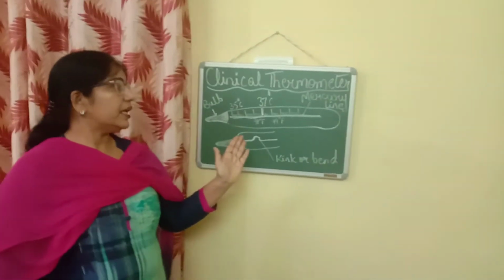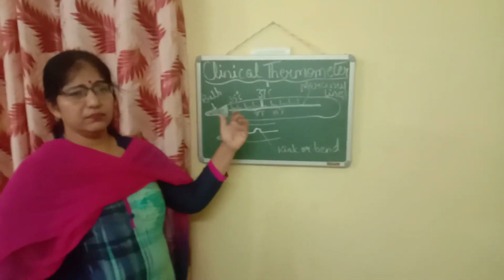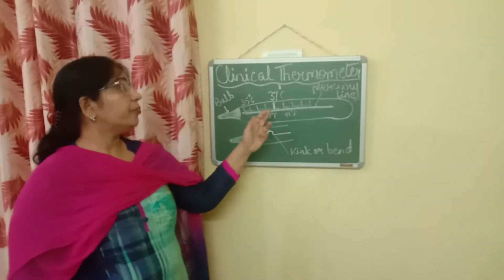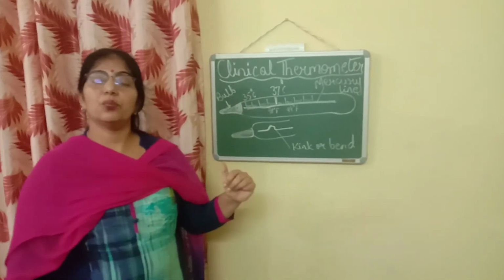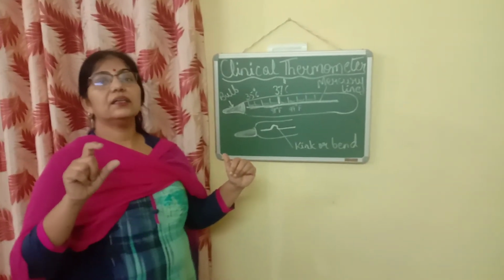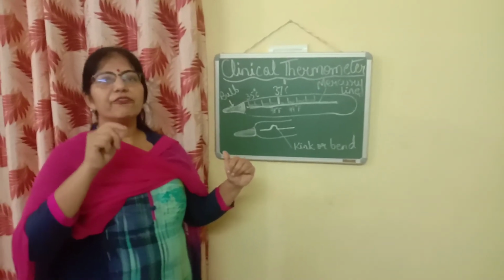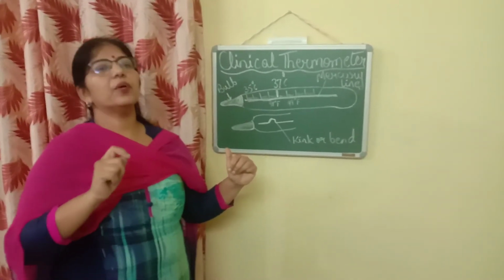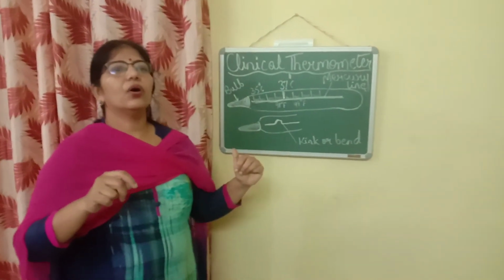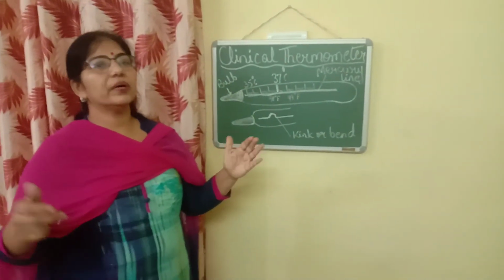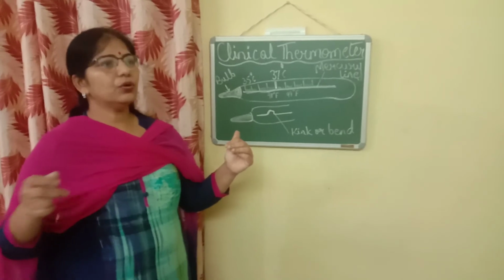Then children, nowadays scientists and even some doctors prefer not to use the clinical thermometer. Why? Because they consider mercury toxic. If by chance the thermometer breaks in our mouth, or even if it falls on the ground, mercury is very difficult to clean up.